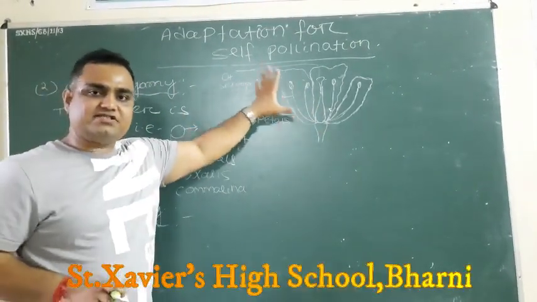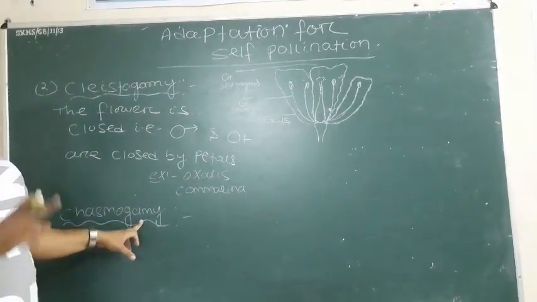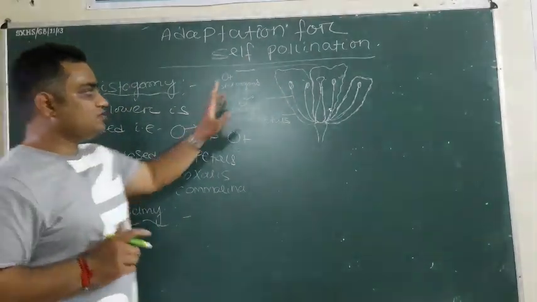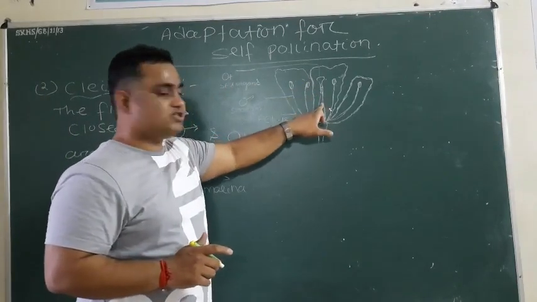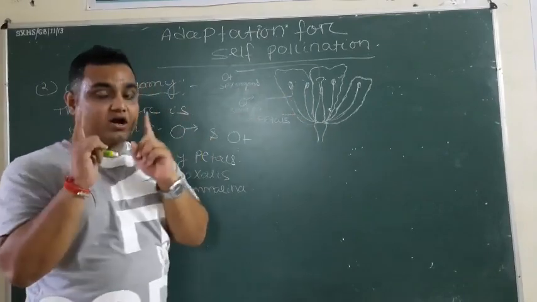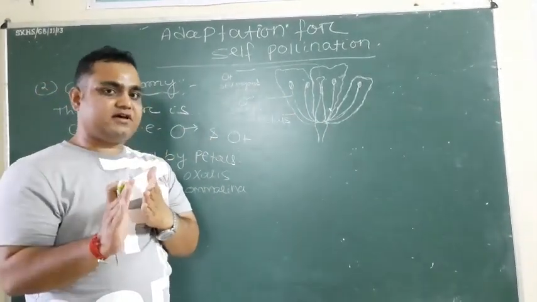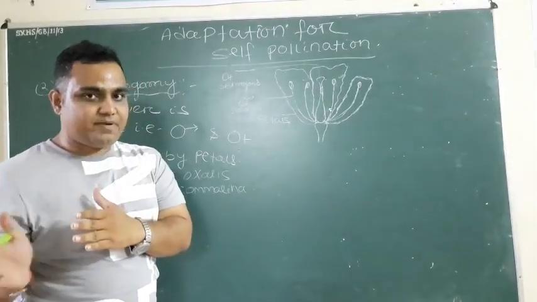But in case of chasmogamy, the flower is open. The flower is open means the stamen and the pistil are not enclosed by the petals.